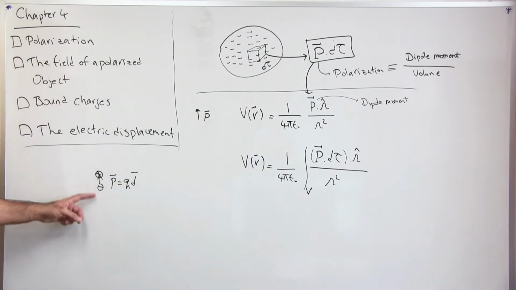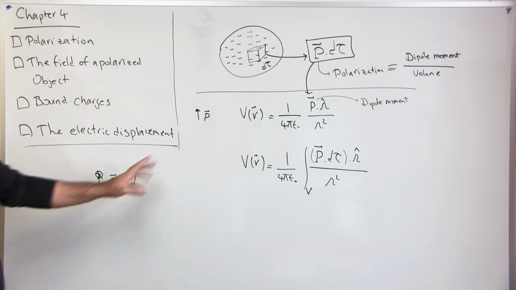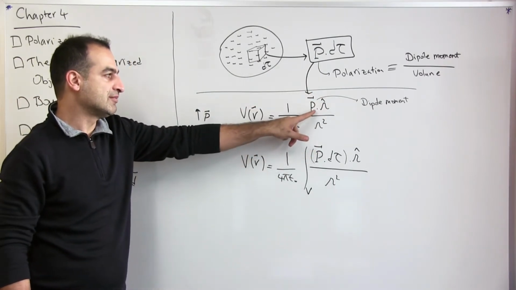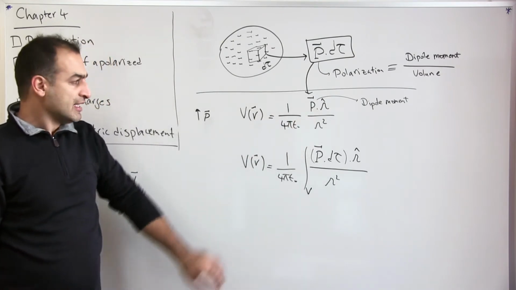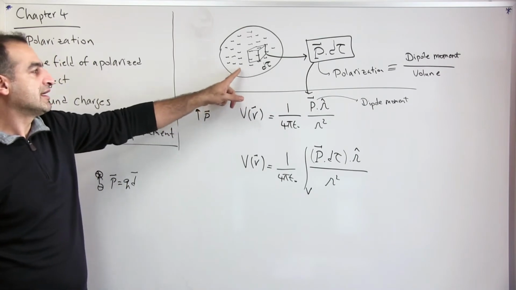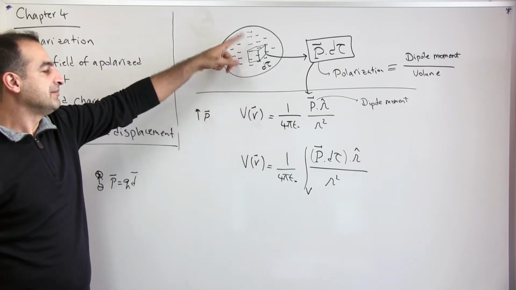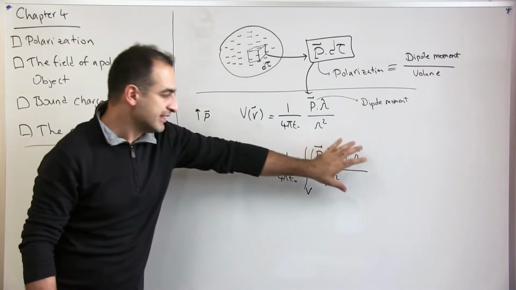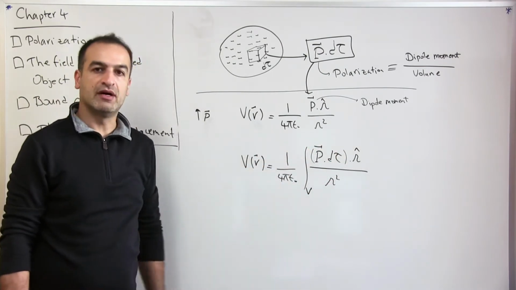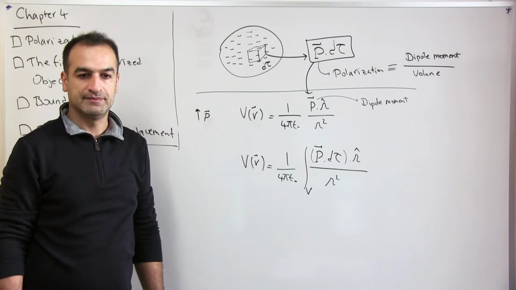If you have one single dipole, you can assign the dipole moment, and the potential created by this can be calculated based on this equation, which has the dipole moment right here. So we start from here and make the assumption that the polarized dielectric is made of many, many dipoles. That's why we are integrating the potential of a dipole over the whole volume of the dielectric material. Got it.